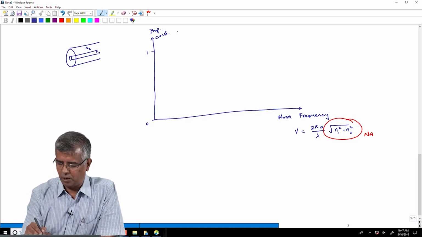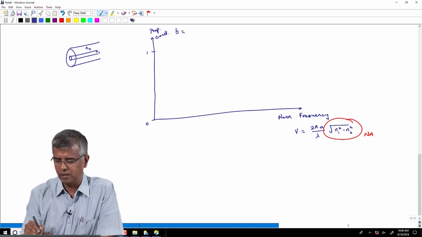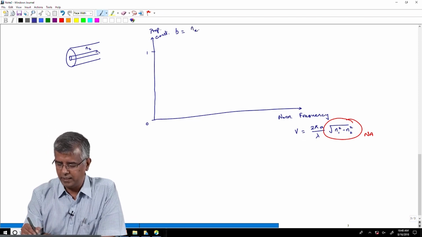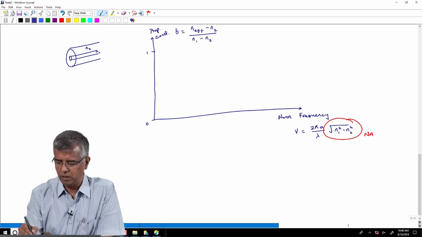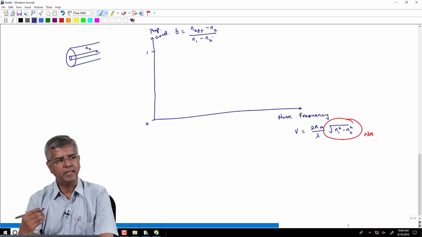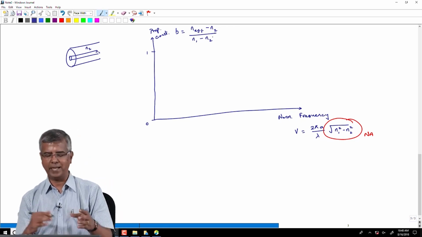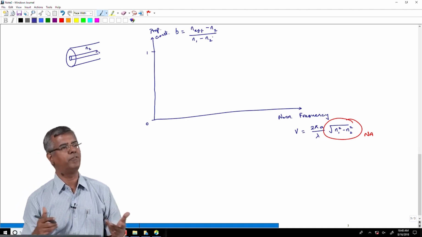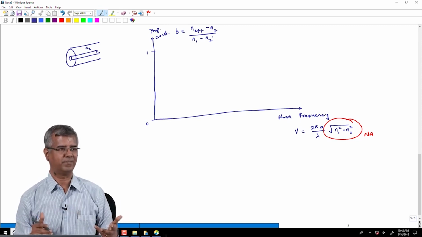Now the propagation constant, which we will mention as b, is defined as n effective minus N2 divided by N1 minus N2, okay. So it is defined like this so that the analysis becomes a little easier, solving the wave equation becomes a little easier, okay.